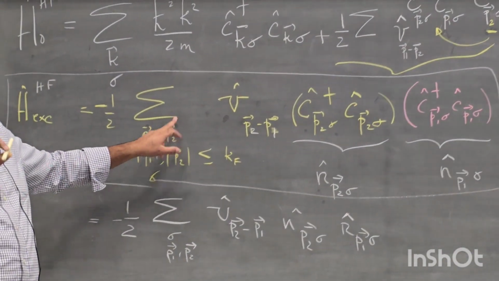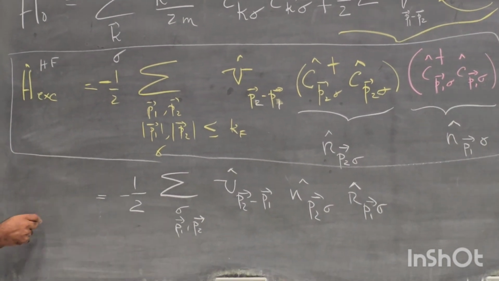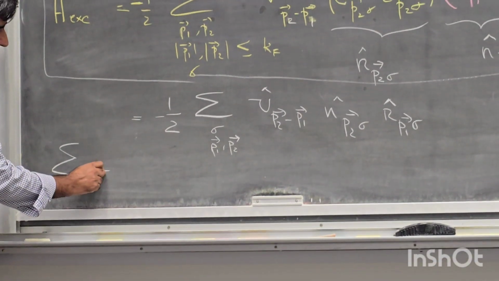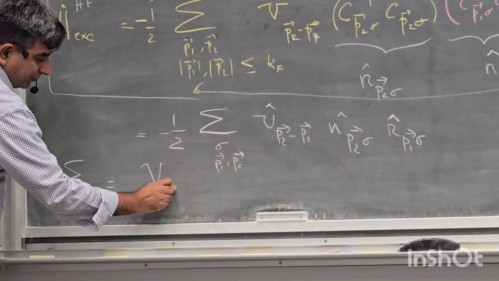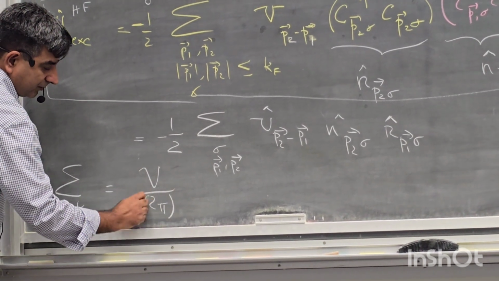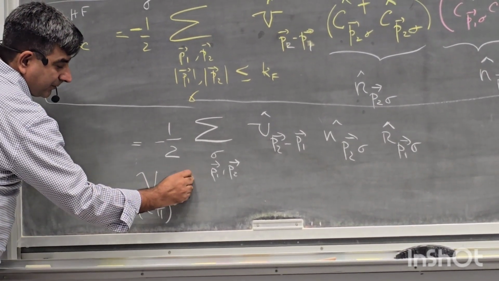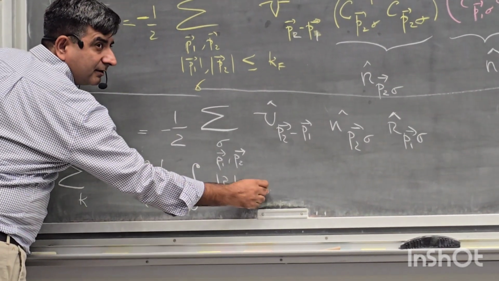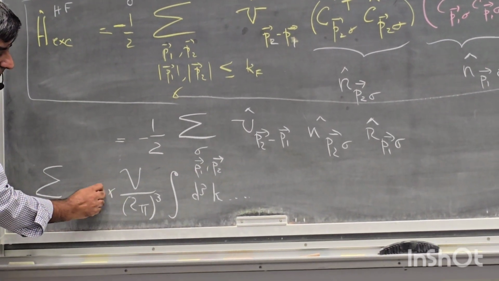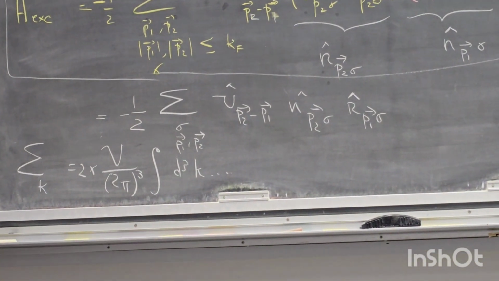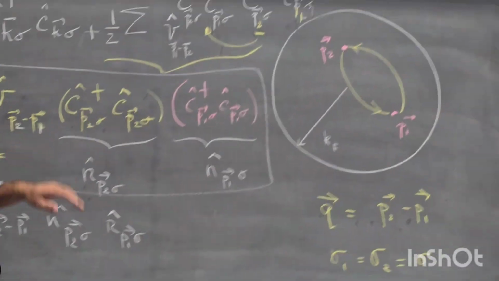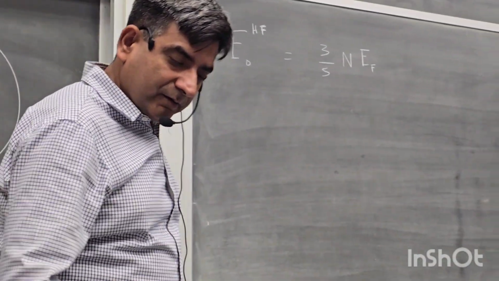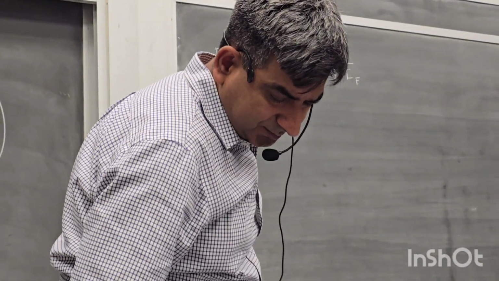We need to replace this summation over k by integrals of this kind, V over 2 pi cube d cube k, correct? Multiplied with 2 to account for the two spins. So overall the result that we obtained was of this kind.